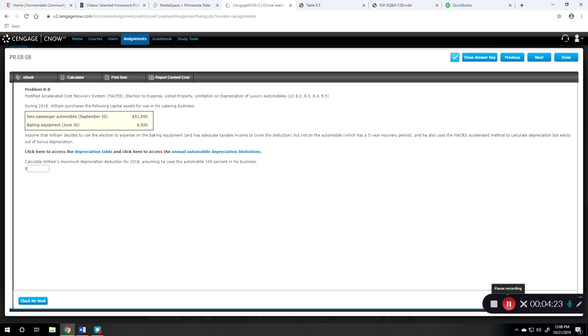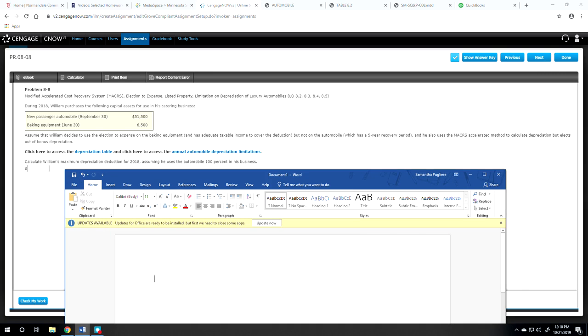Okay, now we're going to look at problem number 8. This one is just a little bit tricky, so that's why we're doing this one together. Okay, so we have William purchases the following capital assets for use in his catering business. He bought a new automobile and baking equipment.